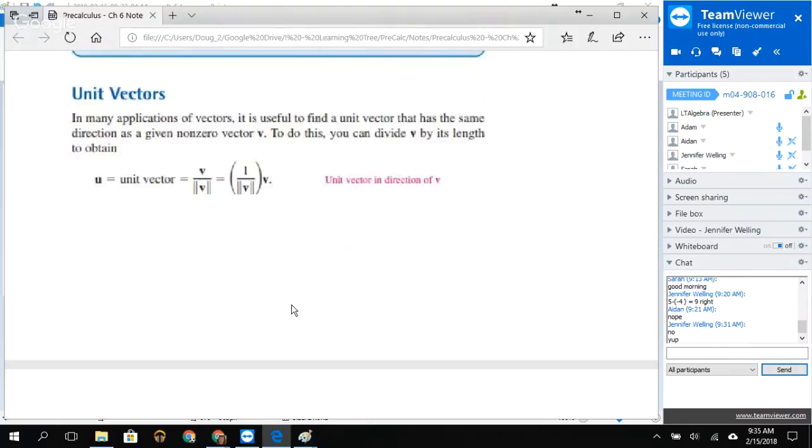This formula is going to help us figure out a unit vector in the same direction so that we can basically multiply by a scalar of that vector. Okay, so let's keep in mind the definition of a unit vector, or how we find a unit vector for any vector. And let's look at a couple problems so we can visually see what that looks like.